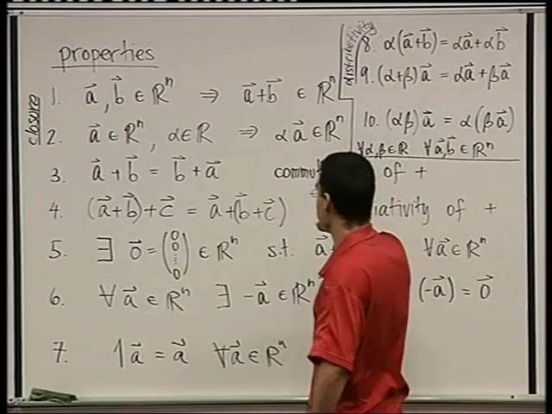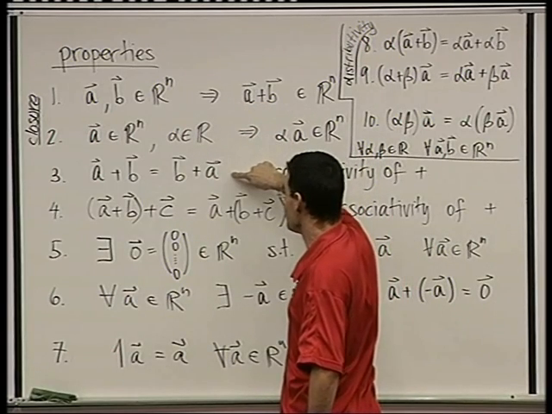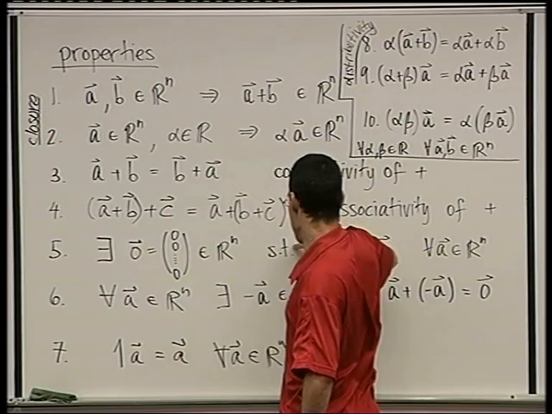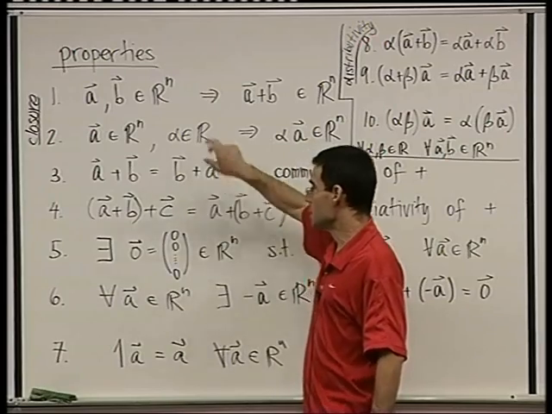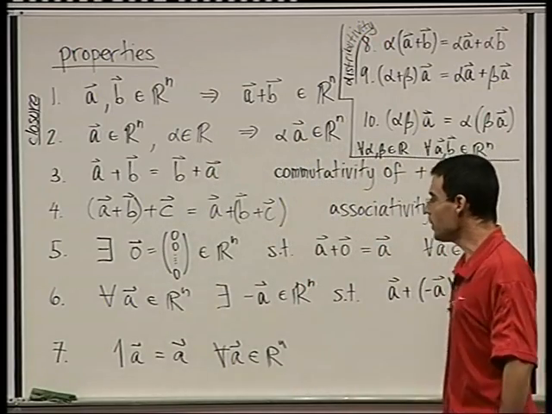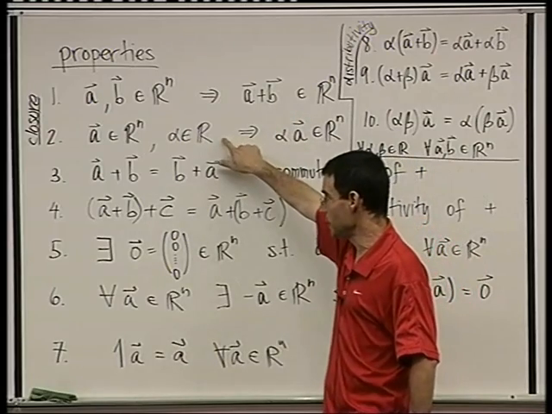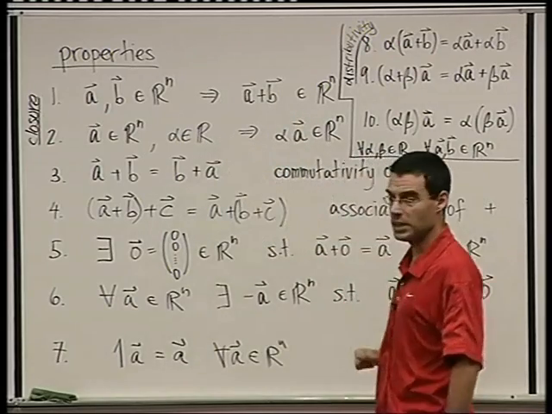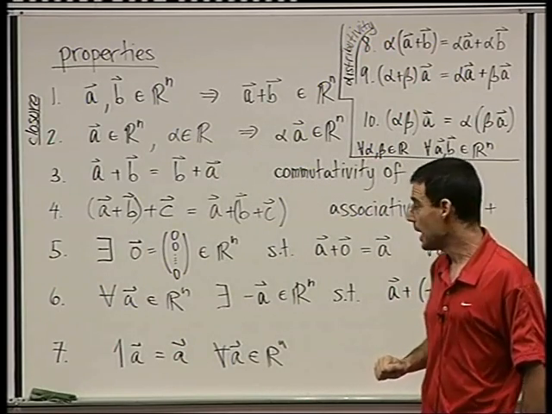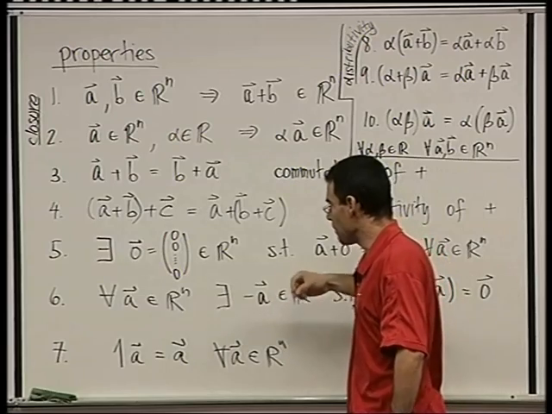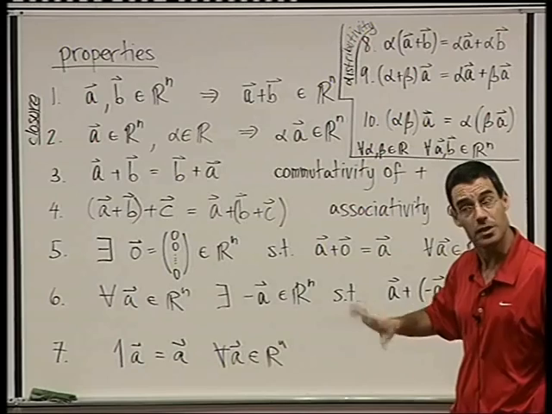Look at properties 1, 3, 4, 5, and 6. Look at properties 1 through 6, not including 2. Do you agree that those 5 properties, the first 6 without 2, only involve the addition? Do you see that? Okay, they only involve the addition. And these properties are precisely the same properties that addition satisfies in a field.